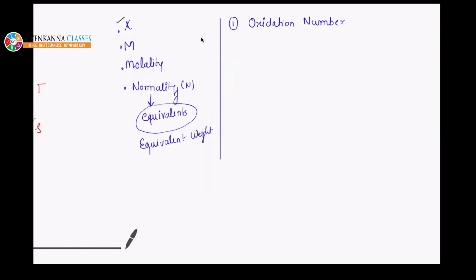If you remember, I discussed this topic in the initial classes when we were discussing some fundamental or basic concepts, when we were covering some topics of 9th and 10th class, right? Any one of you, if you remember that we discussed a little bit of the very basics of oxidation number?